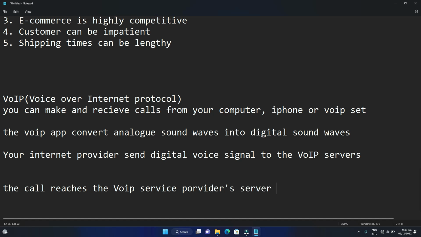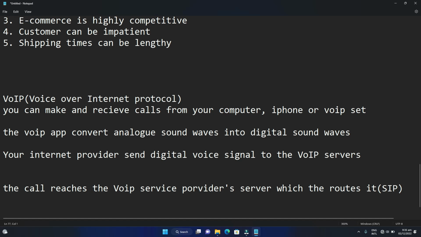And the next thing is that it's routed using the SIP protocol. I'm putting the SIP so that we don't forget. It stands for Session Initiation Protocol.